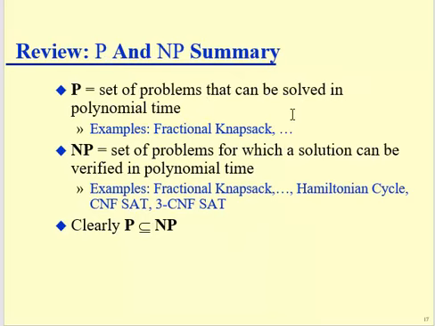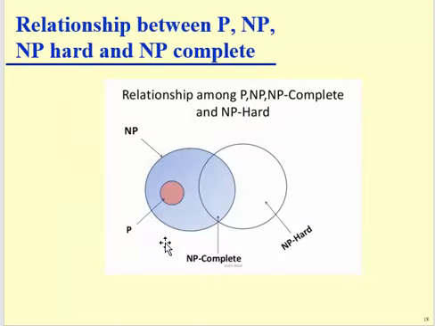This is just a review of what P problems and NP are, and we know that there is a relationship between all these: P, NP, NP hard and NP complete. First, just consider this circle. This belongs to all the NP problems, and this smaller one belongs to the P problems. So here we have written that P is a subset of NP.